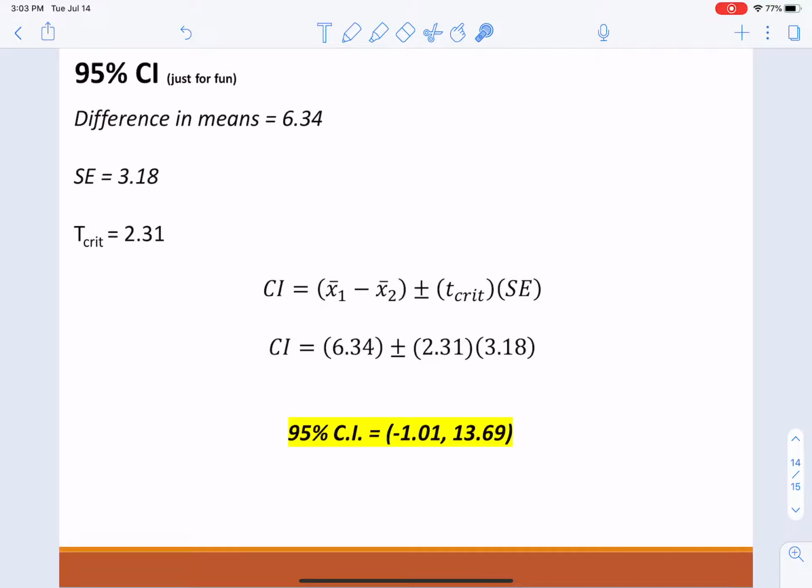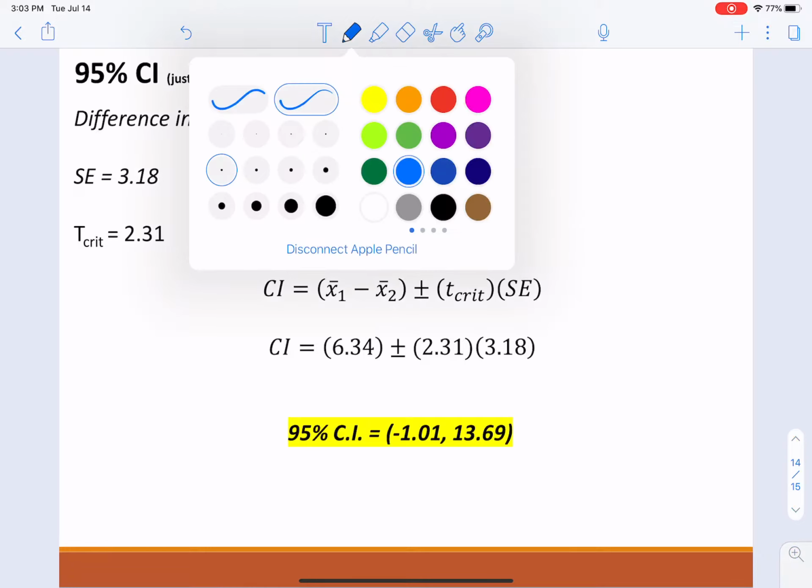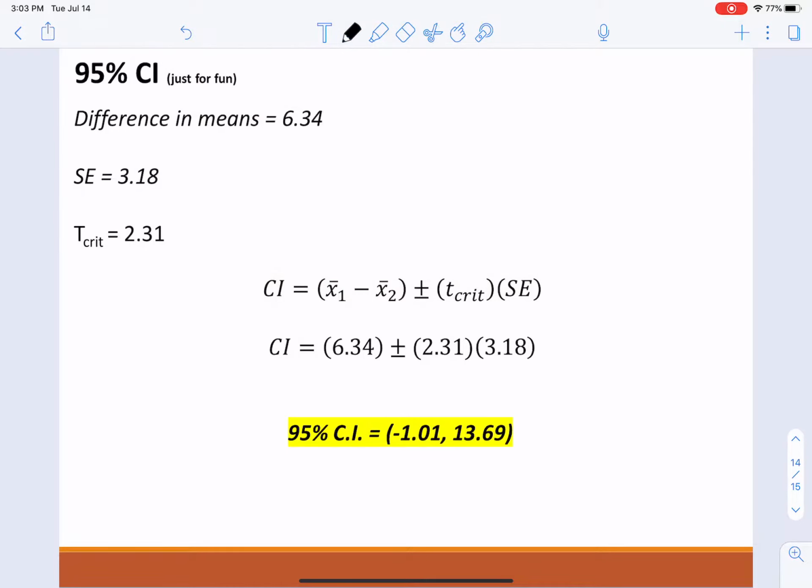Well, very similar to the last example, we have this idea that if mu1 equals mu2, then that difference is 0. There's no difference. What do we see here?